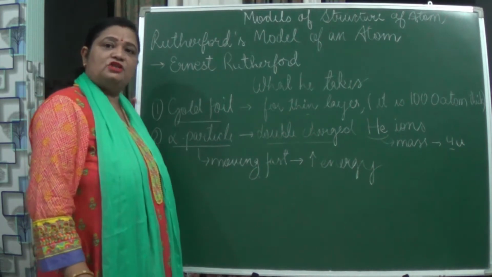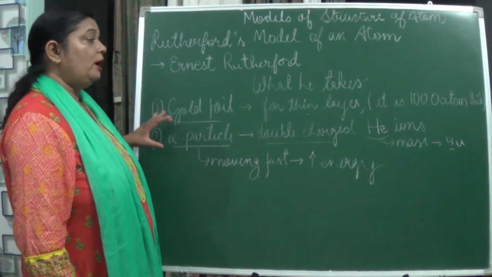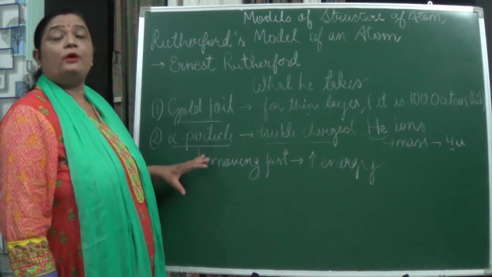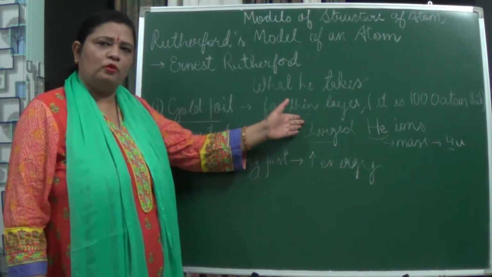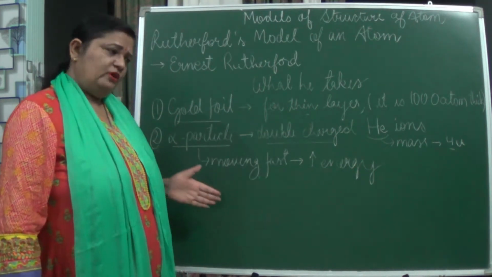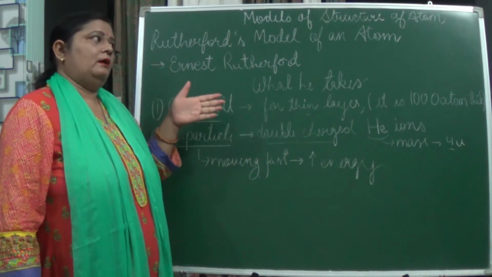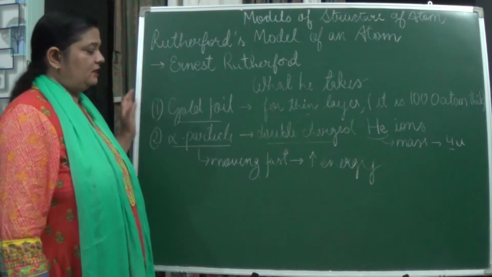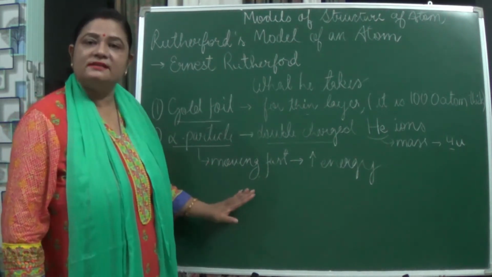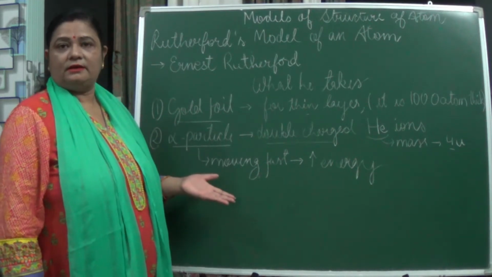What he assumed was that if the alpha particle, which is heavy, moving fast with greater energy, strikes this thin layer of gold foil, it will move directly without any problem, straight. But surprisingly, this didn't happen. He got a different result.